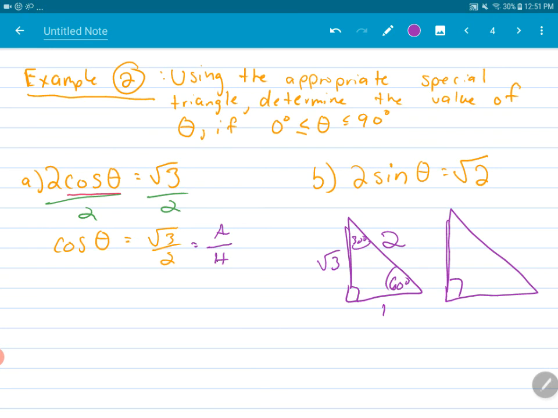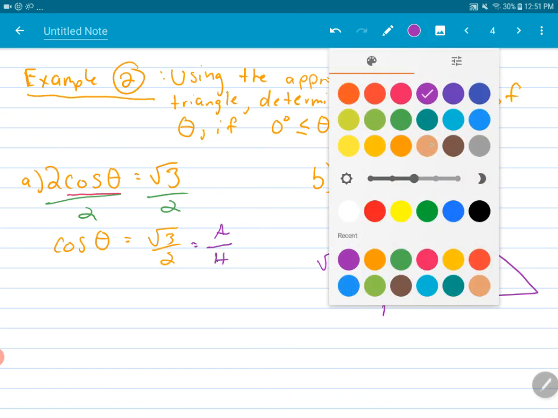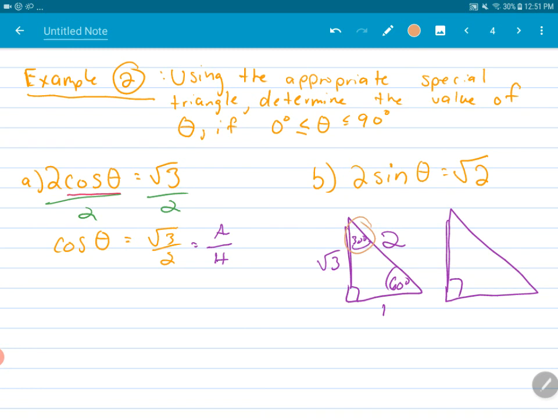Looking at your triangle, which angle is adjacent to root 3? We know that the answer is 30 degrees, because here's our adjacent and here's our hypotenuse. So therefore, we would say theta equals 30 degrees.